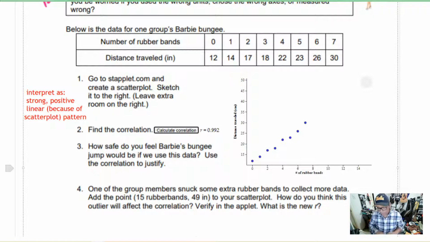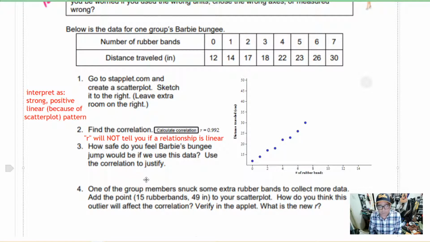So very important for you to know, R by itself will not tell you if a relationship is linear. You can calculate R even if the relationship is really non-linear, so be a little bit careful about that.